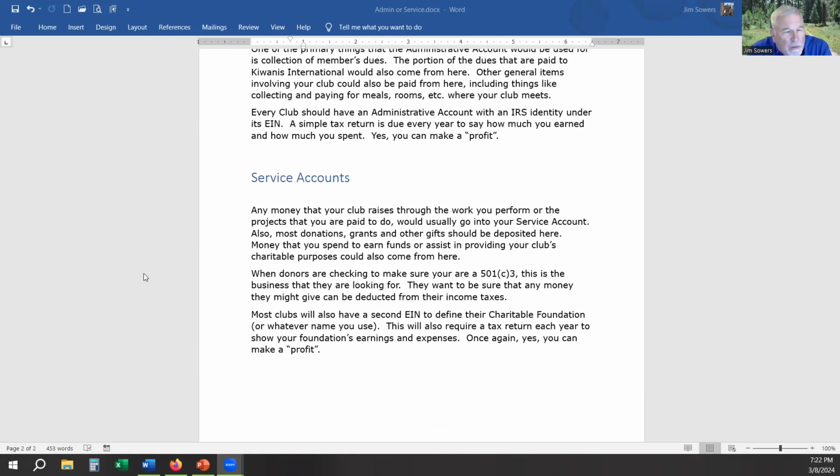Any donations that you receive, any grants or other gifts that come in because the donor might be expecting to write it off on their own income taxes, if it's significant enough that they want a receipt, you should give it. You should make sure that it is given, and you run it through the 501c3 side of the business, the service accounts.